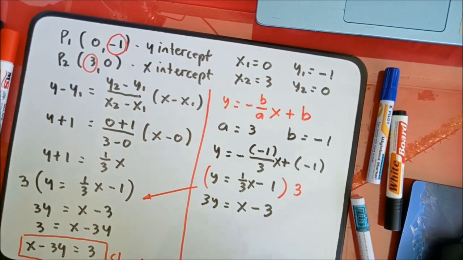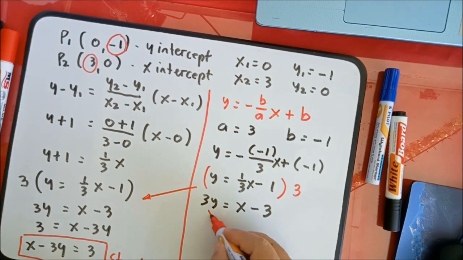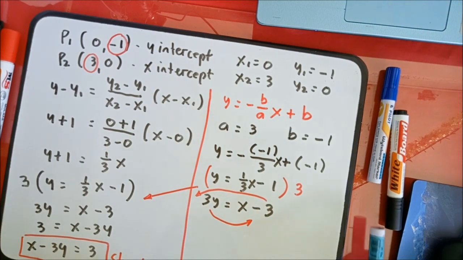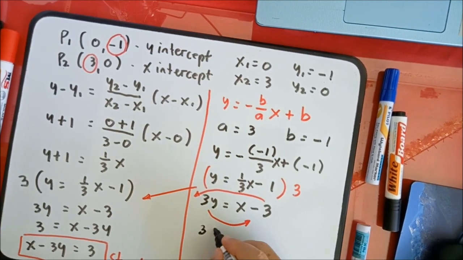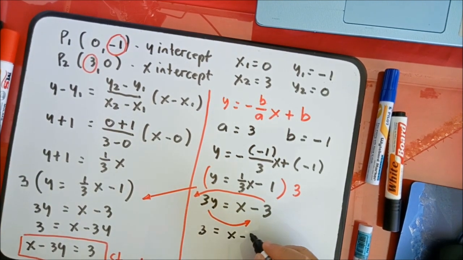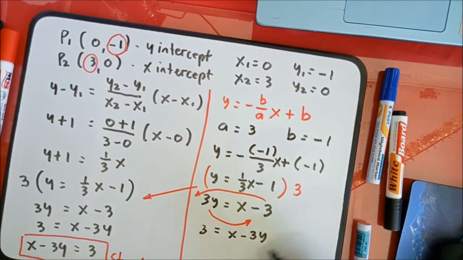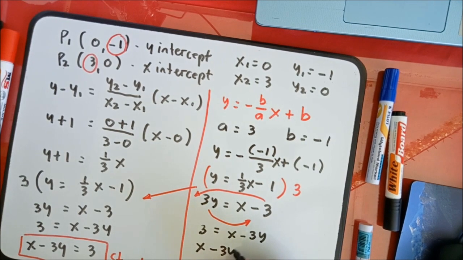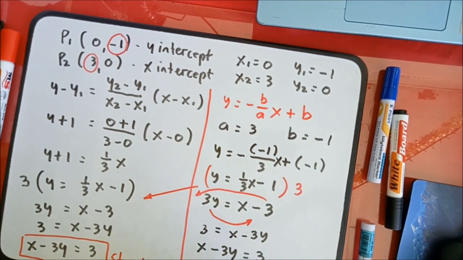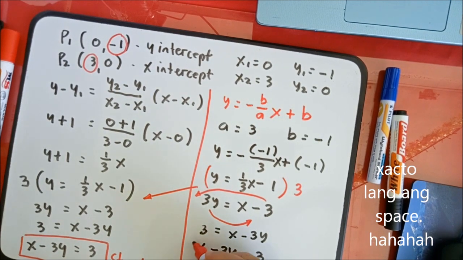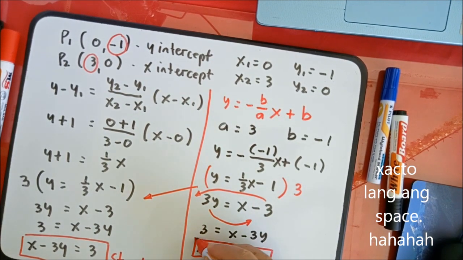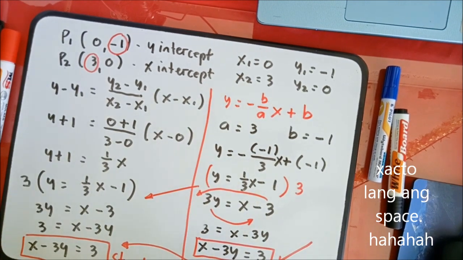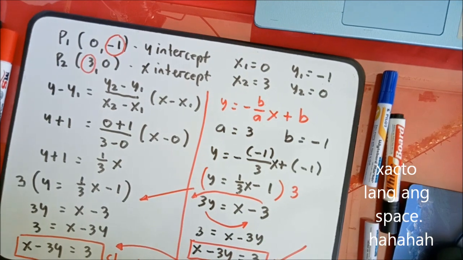Ito ang itatranspose mo sa kabila. Tapos ito ay itatranspose mo sa kabila. Okay. So, this will become 3x minus 3y. Or, symmetric property of equality, x minus 3y is equals to 3. This will be your standard form. Pareho? Okay, pareho. Check. So, ibig sabihin, ano bang mas madali sa inyo?